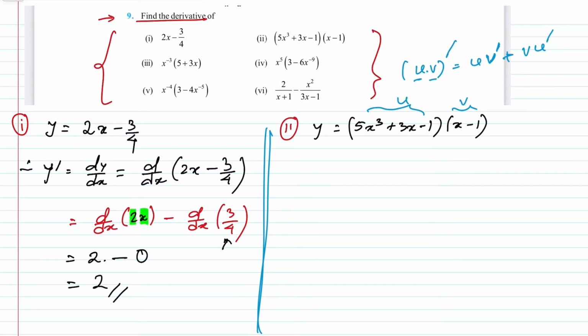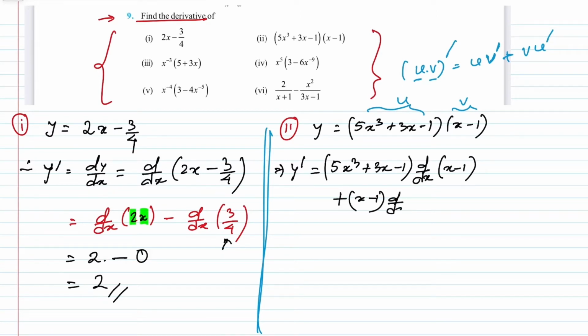So let us apply that. y dash will be equal to 5x cube plus 3x minus 1, this is the first function, into derivative of the second function, then plus the second function, that is x minus 1, into derivative of the first function again, that is 5x cube plus 3x minus 1.